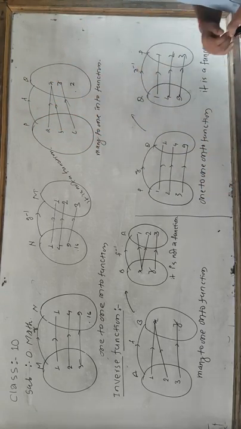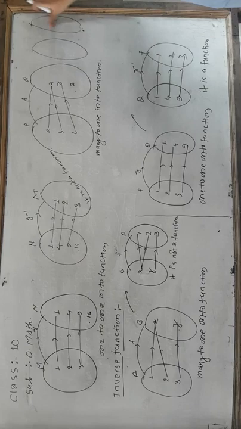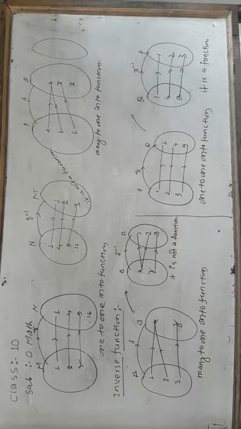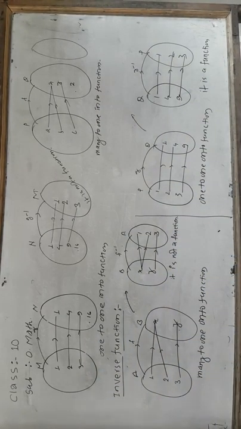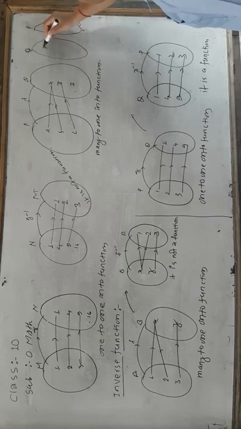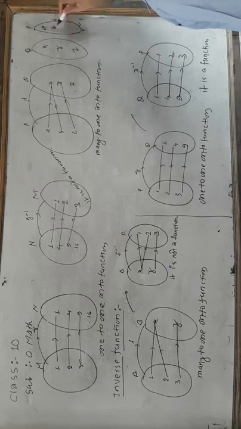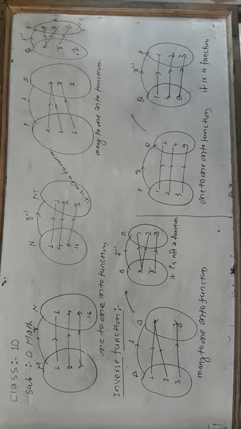Now study this mapping diagram. When we find its inverse, now look here, Q, P, X, Y, Z, A, B, C. X with 2, Y with C. Now when we find the inverse, first rule here, one element of set Q has two images in set P, so it is not a function.